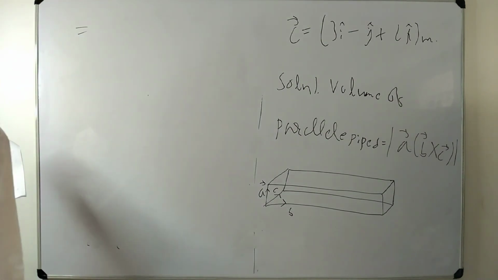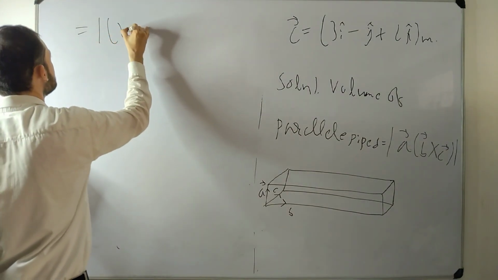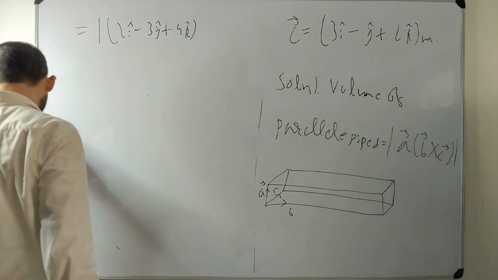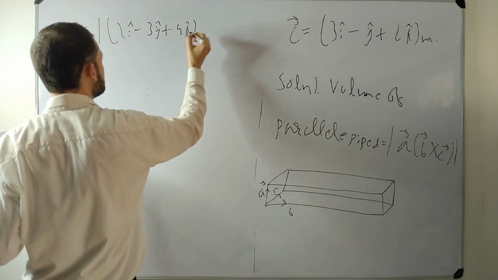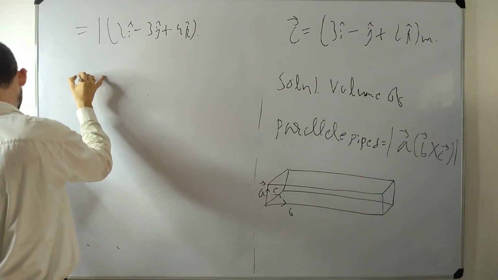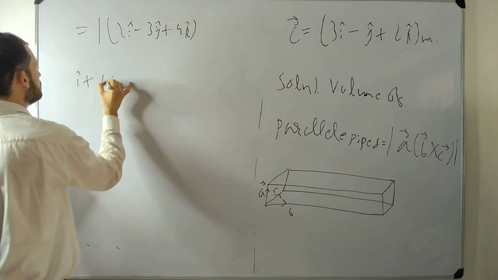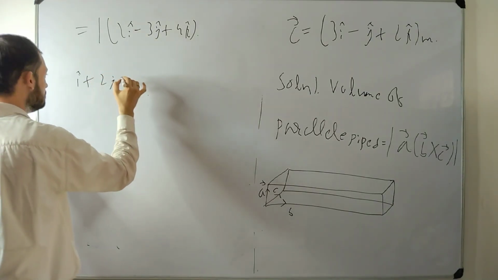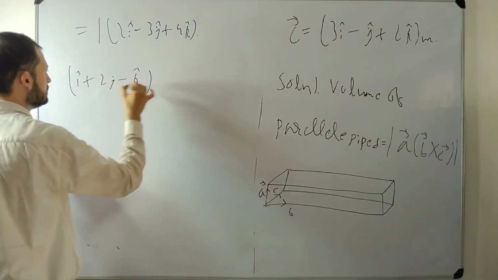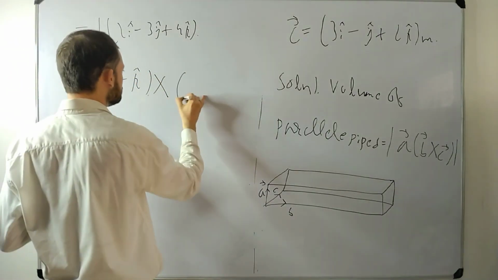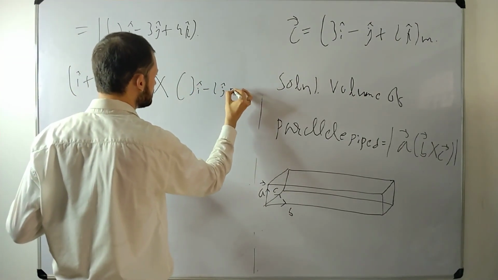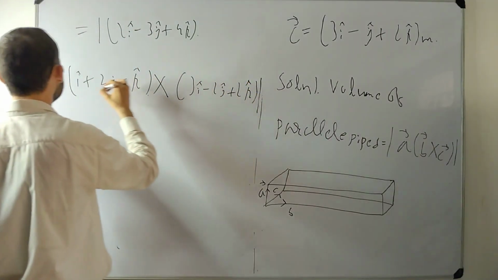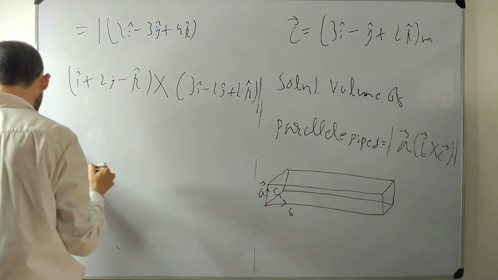Writing it, what do we get? 2I cap minus 3J cap plus 4K cap, dot product with this vector, I cap, 2J cap minus K cap, and this is cross, 3I cap minus 2J cap plus 2K cap. Okay, so this is perfectly fine.